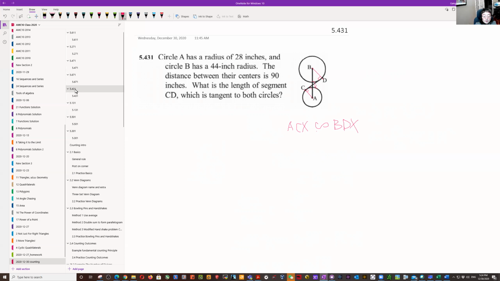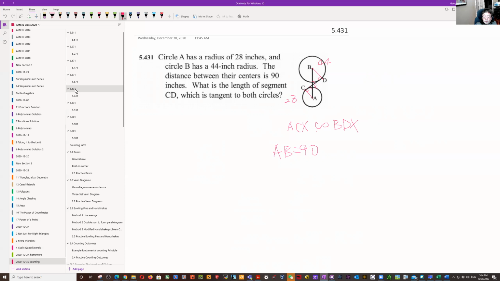We know that the distance between the circles, AB, is equal to 90. The radius at A is 28 and this one is 44.